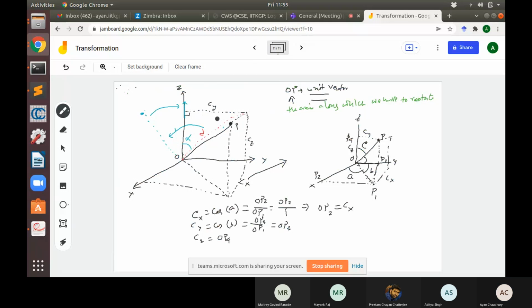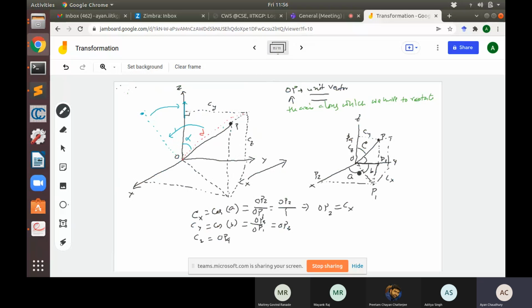Here I have shown a diagram where OP is the unit vector, and we have projected it in the XY plane, and we are trying to get the lengths of these parts with the direction cosines in the geometrical aspect. These parts are Cx, Cy, and Cz, which are the direction cosines, that is, the cosine of the angle between the vector and one of the axes in the coordinate system.